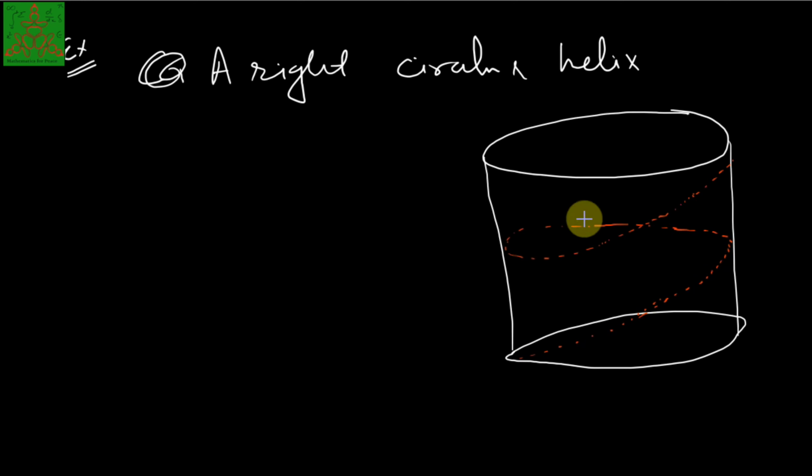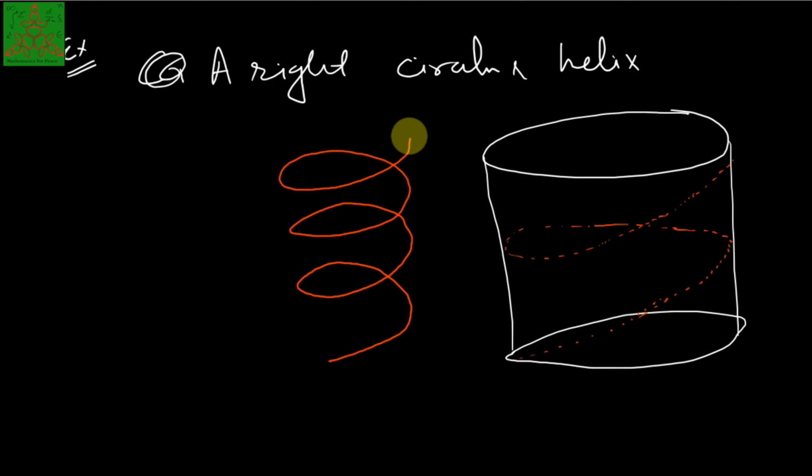This curve is like a spring, like the one we played with in our early age. So this is the figure of a right circular helix.